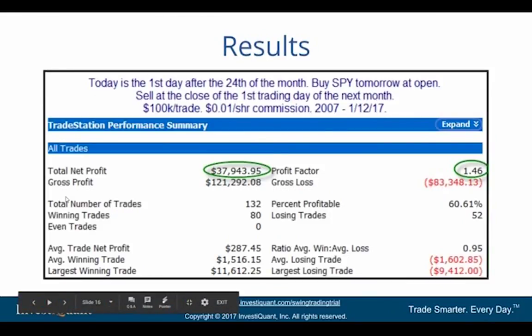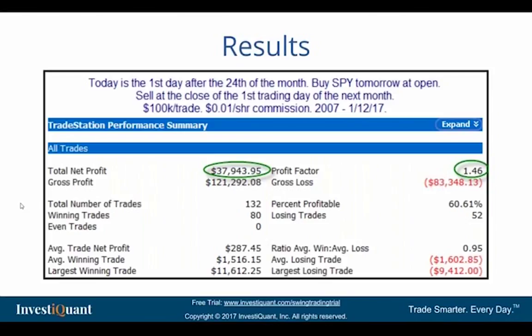Let's look at results here. Here we're looking at 37,000 in profits, pretty good. Profit factor 1.46, again, pretty good. It's been profitable a little over 60% of the time, and the average month would have gotten you about 0.3%, so not bad.